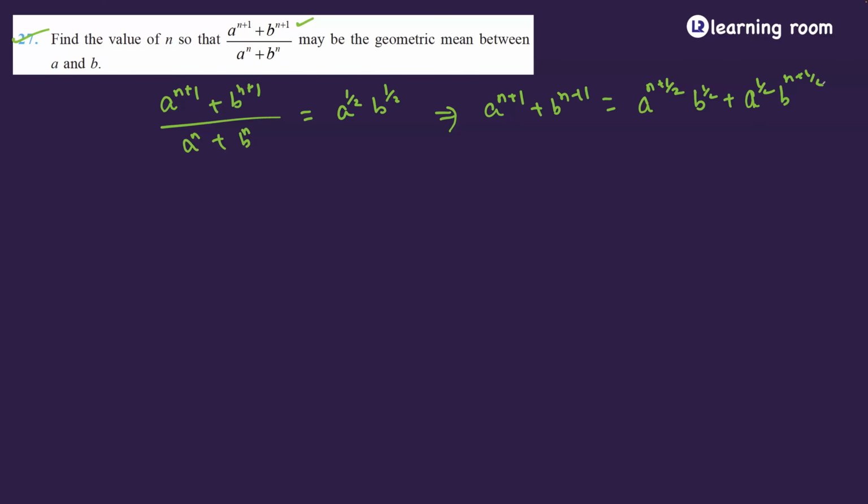Now I'll bring this term to the left and take this term to the right. So a power n plus 1, I'm writing as a power n plus half plus half, because half plus half is 1. Minus a power n plus half into b power half. Those who have understood this, proceed to the next one. Right, you're fine.